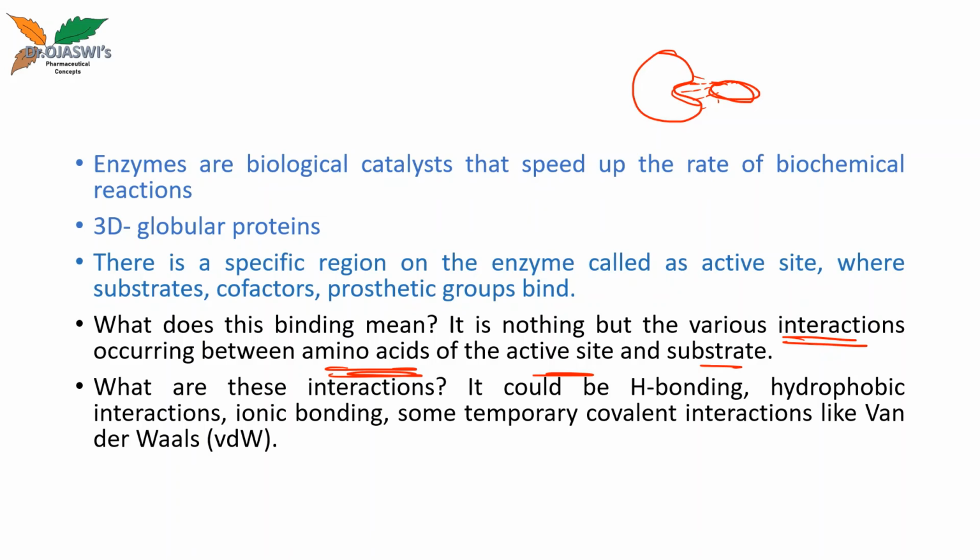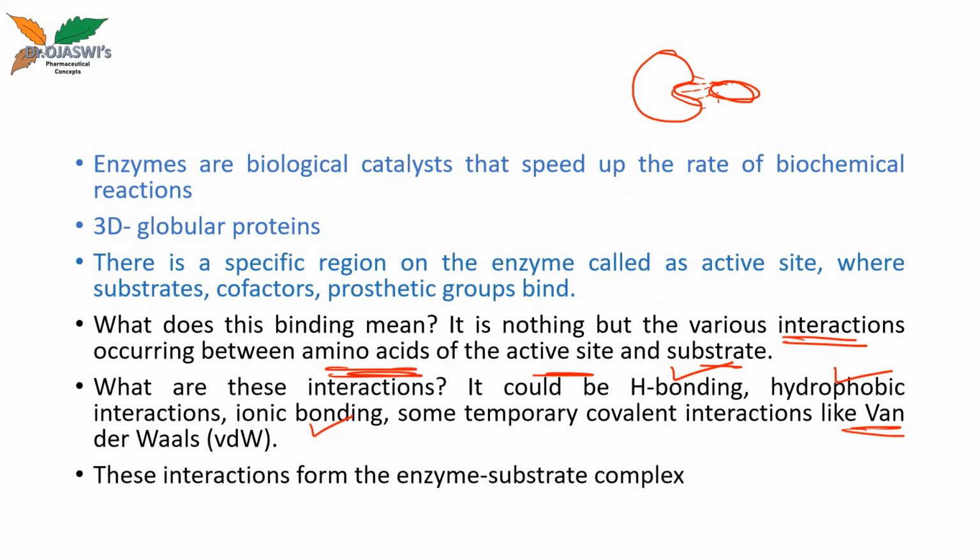What are these interactions? These interactions are in the form of hydrogen bonding, hydrophobic interactions, ionic bonding, and some temporary covalent interactions like van der Waals interactions. These interactions form the enzyme substrate complex.